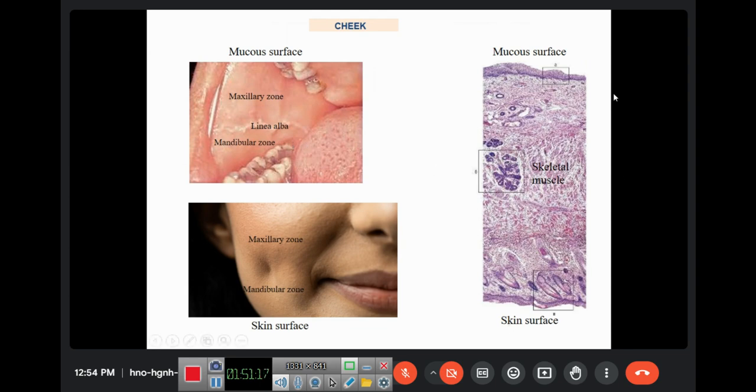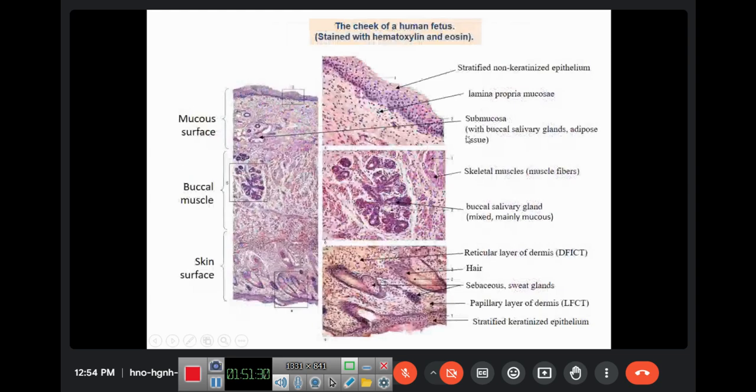So if we make the section, we will see that in the center of the cheek we have the skeletal muscles. So this is the core of the section. Buccal muscle or the muscle of the cheek. Also here in this part we can have the glands, buccal or salivary glands of the cheek.